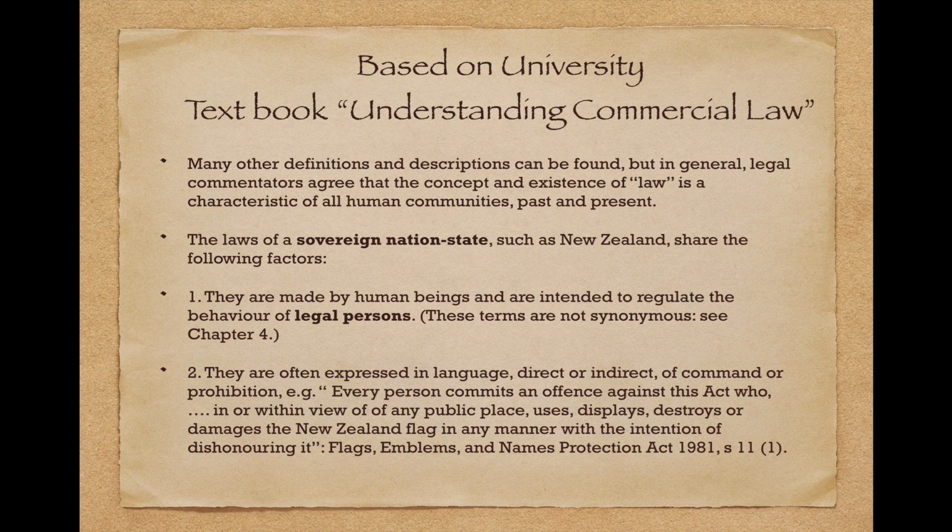And this comes from the Flags, Emblems and Names Protection Act 1981. Okay, so what they're telling you is if you are a legal person, you can be sued or whatever under their acts, such as Flags, Emblems and Names Protection Act.